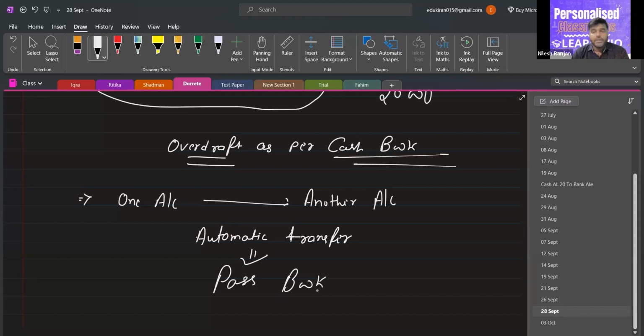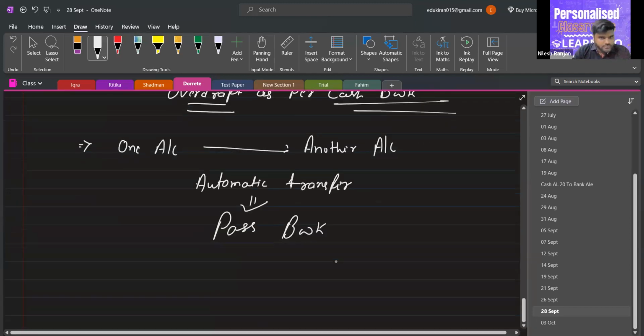Okay, sir. Now, in the question, it is said that the bank has transferred the fund from one account to another account and we have recorded in cash book after the date, yes?